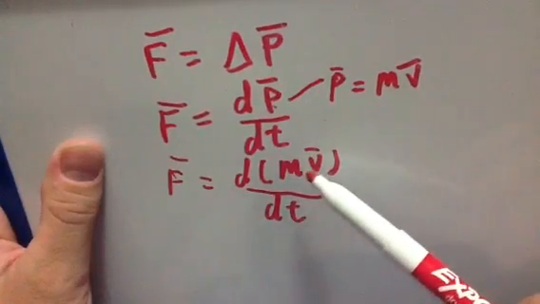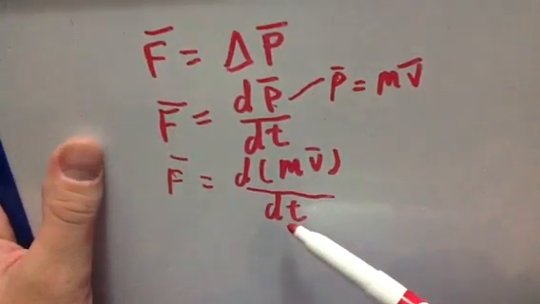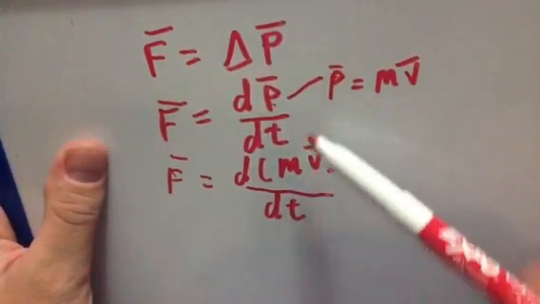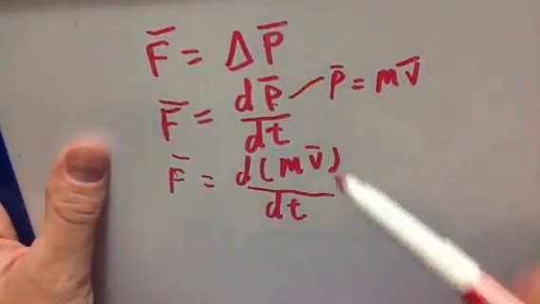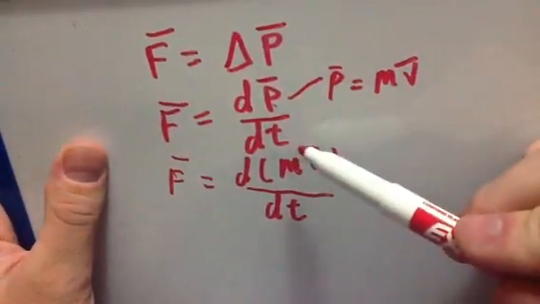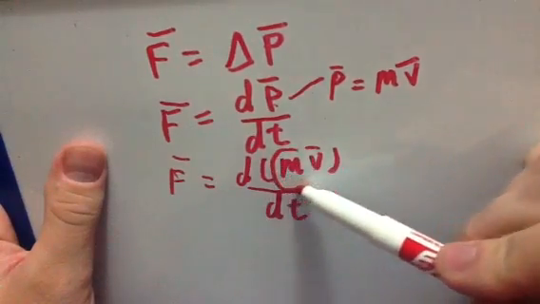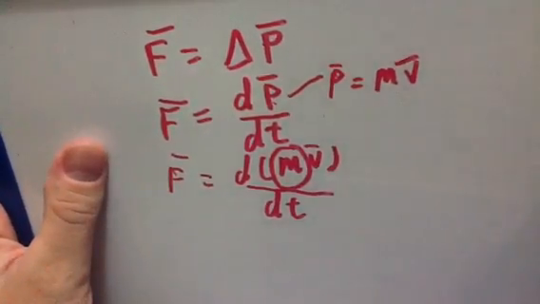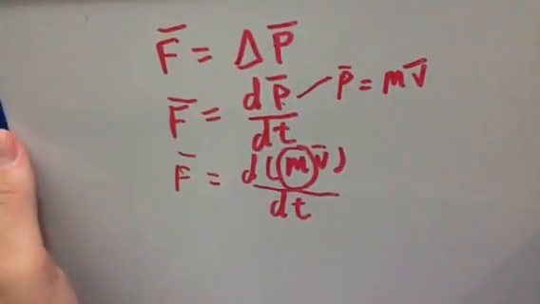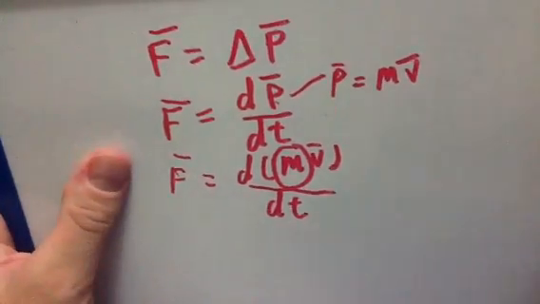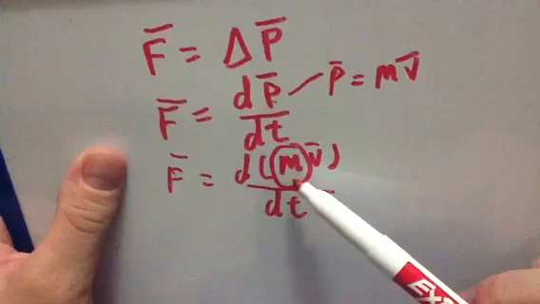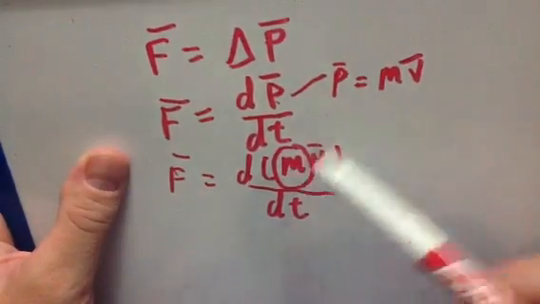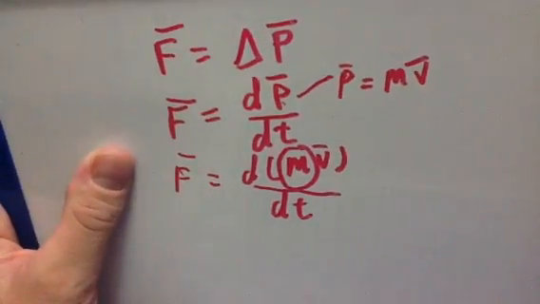The change in mass times velocity with respect to time. Mass times velocity is nothing more than momentum. Then I said, let's look at this concept of mass here. Does mass ever change? Again, we're talking about classical mechanics, classical objects. Well, mass never changes, so it's kind of silly to take a derivative of mass or think of mass as something that changes. So let's go ahead and rewrite this.